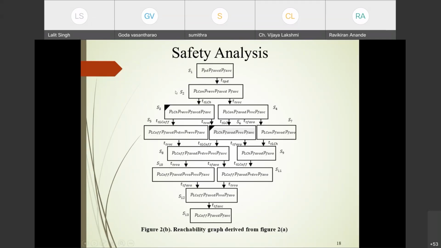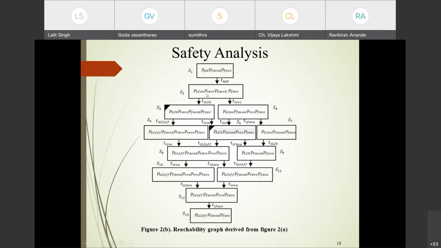So if you see, there are two hazardous states, which I have denoted by a left upper solid circle, that is S3 and S6. These two states are basically known as the hazardous states.